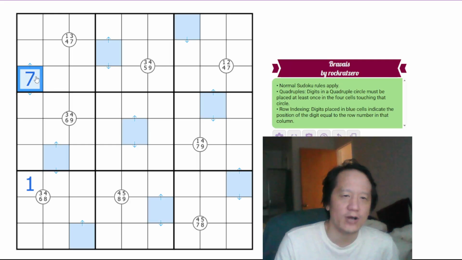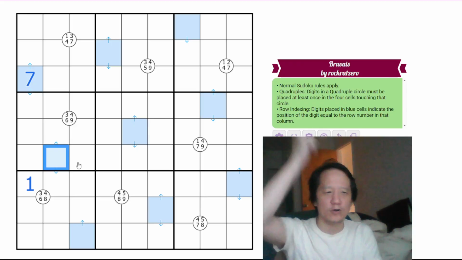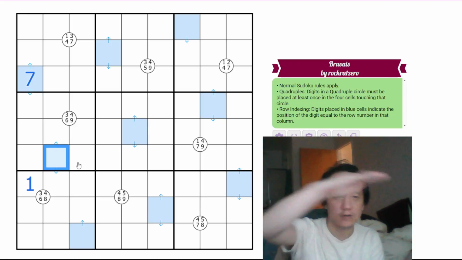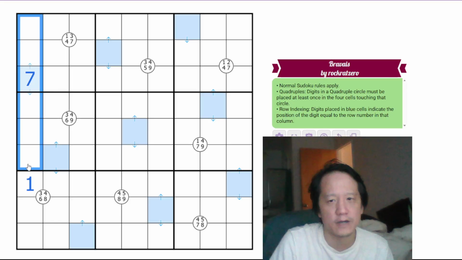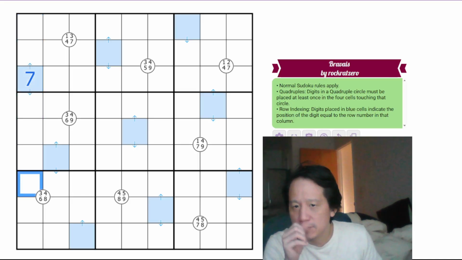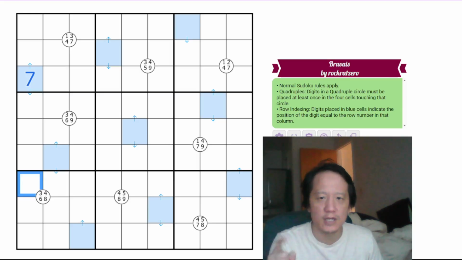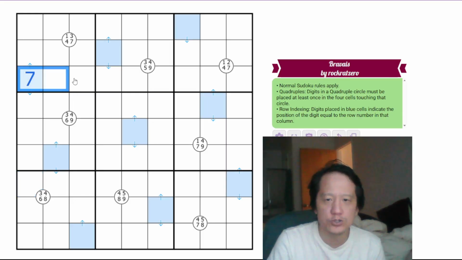Part of the reason why I'm a little hesitant to say that is because you have these little arrows around each of the blue boxes. But I'm guessing it's basically saying, go through a column, don't go through rows. So if this were a 7, that would indicate... oh wait, no. Row indexing: digits placed in blue cells indicate the position of the digit equal to the row number in that column.